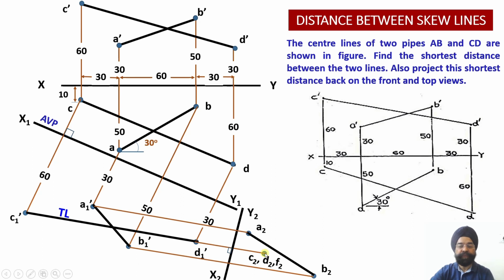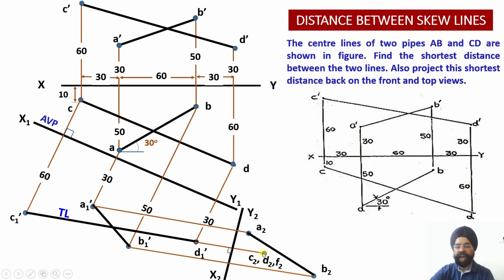So irrespective of the position of the point F1 dash on this line, the point view will give me C2, D2 and F2 at the same place. So I have been able to obtain the point view of the true length of the line CD.